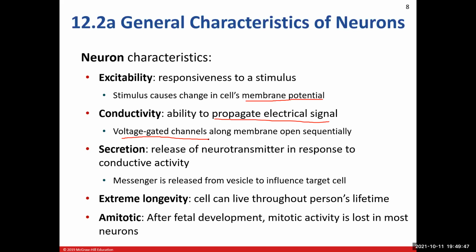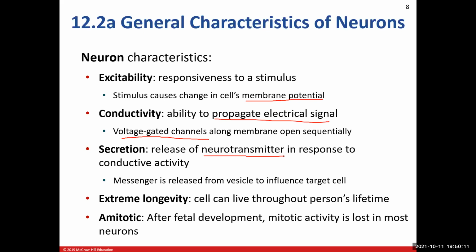Once we get to the end of the axon, we get to the transmissive segment of our neuron where the synaptic knobs are. Inside the synaptic knobs, we have those synaptic vesicles which contain the neurotransmitter, that chemical that our neuron is going to release onto whatever the target cell is.